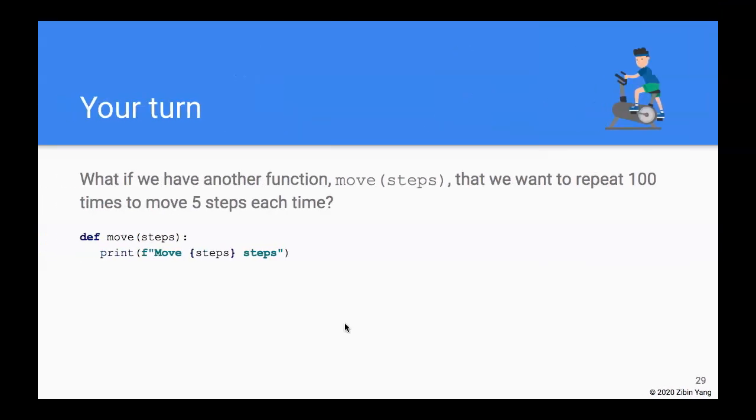Now another related exercise. If we have another function, move number of steps, which just prints out move and whatever number of steps it's called with, and we want to repeat this move steps 100 times, each time moving 5 steps, how can we use the do n times function to achieve this? Please give that a try.